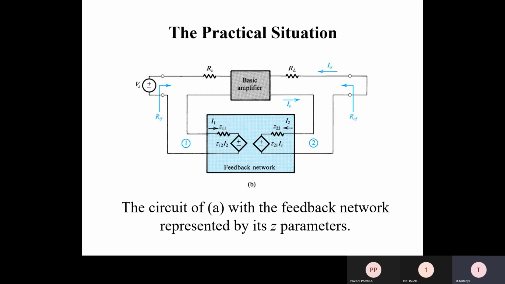So that I0 can pass to the feedback tank network. So here we can see Z22, Z11, Z12, and Z21. We have to analyze them.